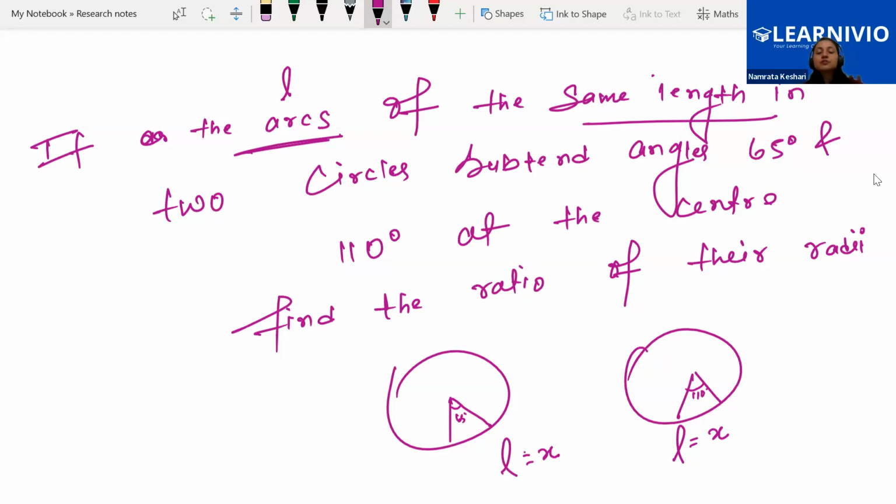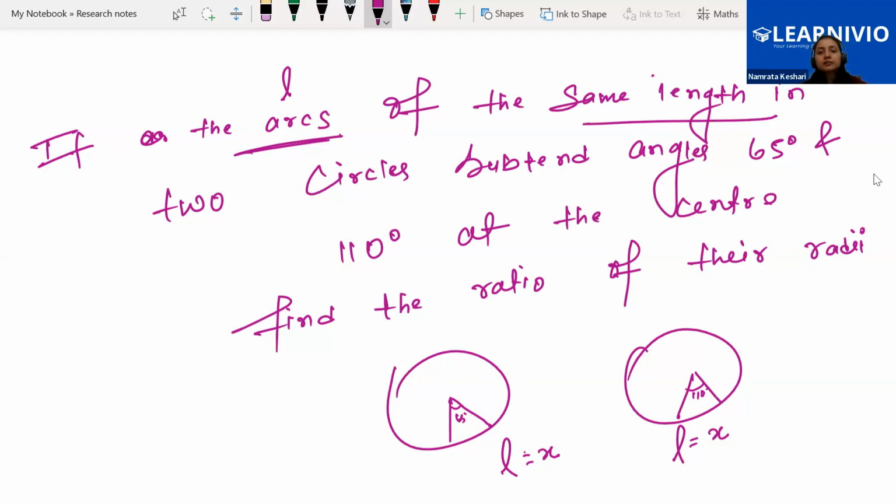The formula which we used just now, the same formula you need to apply here. Ma'am, so L is equal to 22 by 20, by 13.